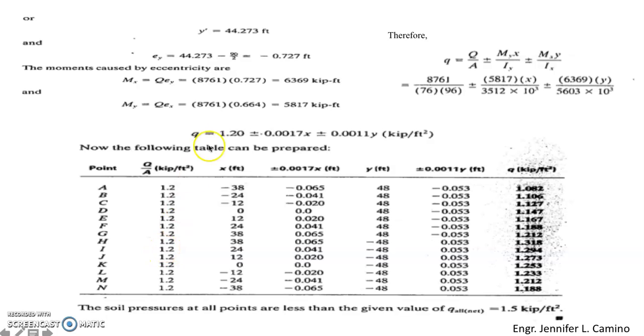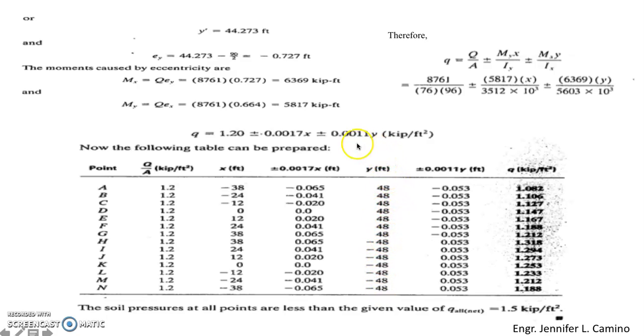This one, Q over A, of course, is the value all throughout for our columns. For our x, as discussed a while ago, that is the distance from the column centroid towards the centroid of the mat foundation along x direction. Then you multiply that one by 0.0017, you have this expression. Then our y is the distance from the centroid of the column towards the center of the mat foundation along y direction.